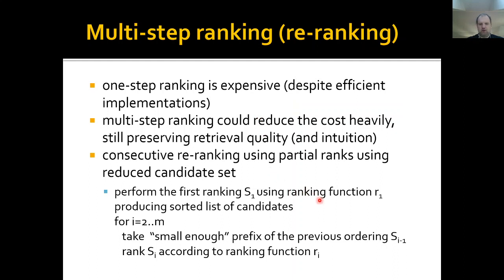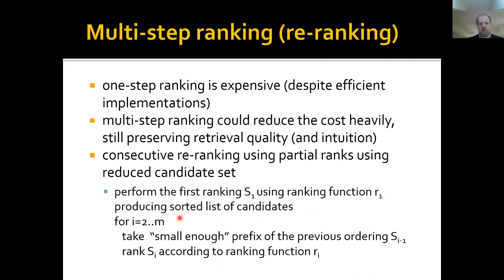Okay, so the result is clear. We don't do any aggregation of the scores. Basically, we just process it sequentially. So we do not aggregate like averaging, minimum, whatever with the scores. We just take the first ranking using some ranking function. We have a sorted list of candidates.